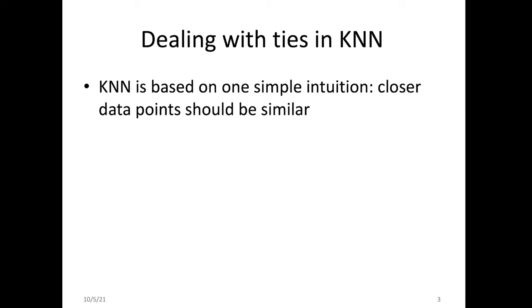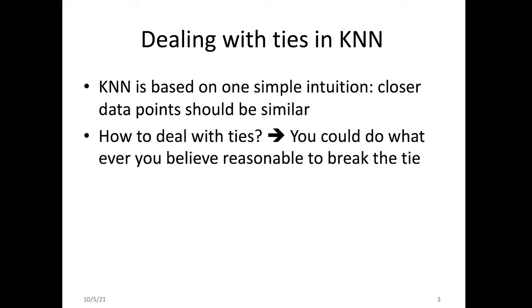Next, dealing with ties in KNN. We said that KNN is based on a simple intuition: we decide the label of the new instance based on the neighboring data points in the training data. If we are dealing with a binary classification problem, it's possible that half of them vote for yes and half vote for no, then we have a tie.